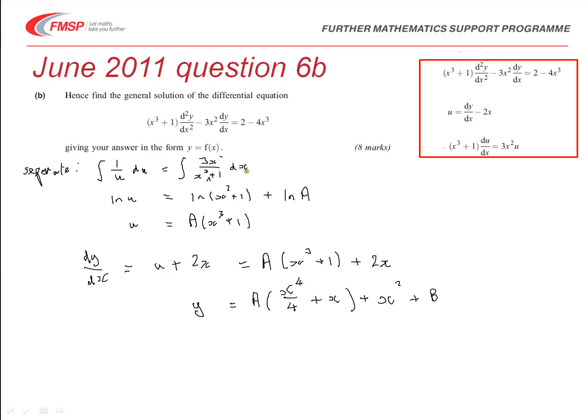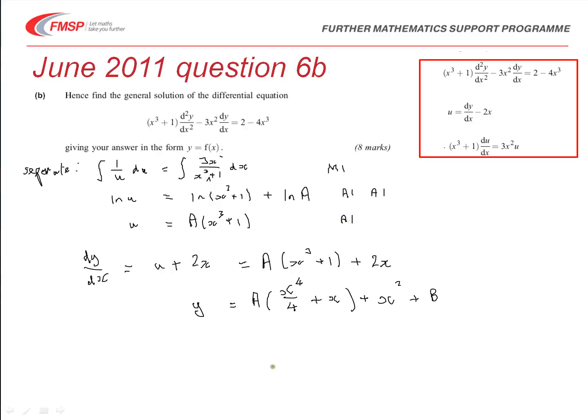Right, well, we get 8 marks for doing this. So where did we get the 8 marks? Well, firstly, for separating the variables correctly, we'll get 1 mark. Then working out the integral and ending up with the ln of u and the ln of x cubed plus 1, you'll get 1 mark for each of those. And then writing your constant as ln a to be able to simplify u down to a times x cubed plus 1 will give you a further mark.